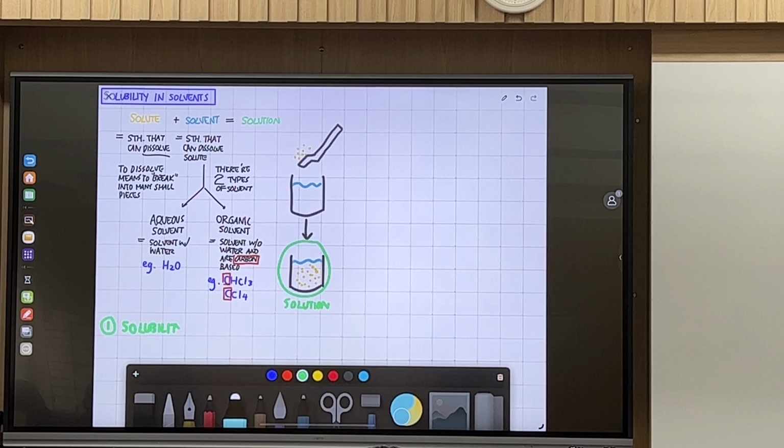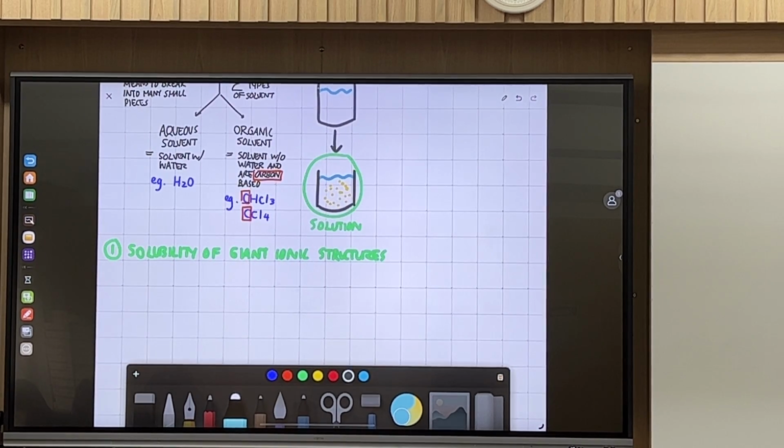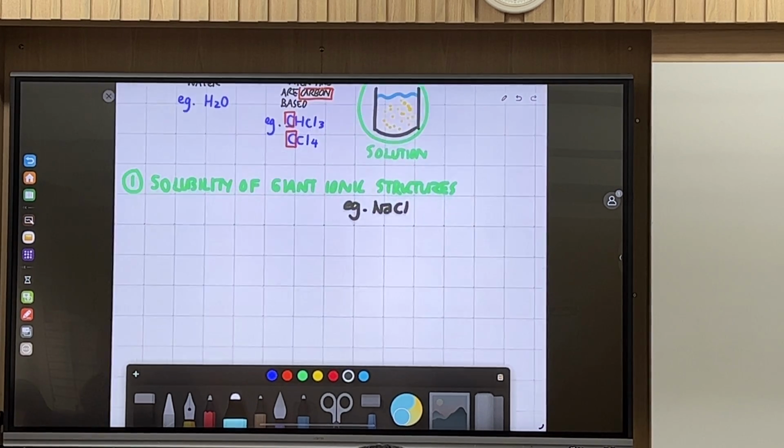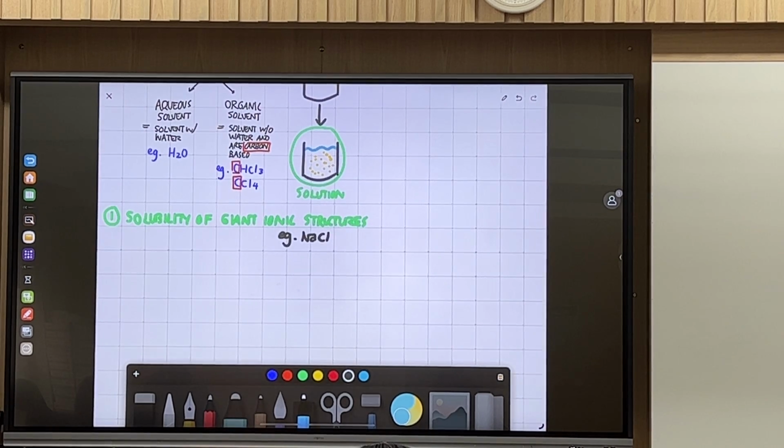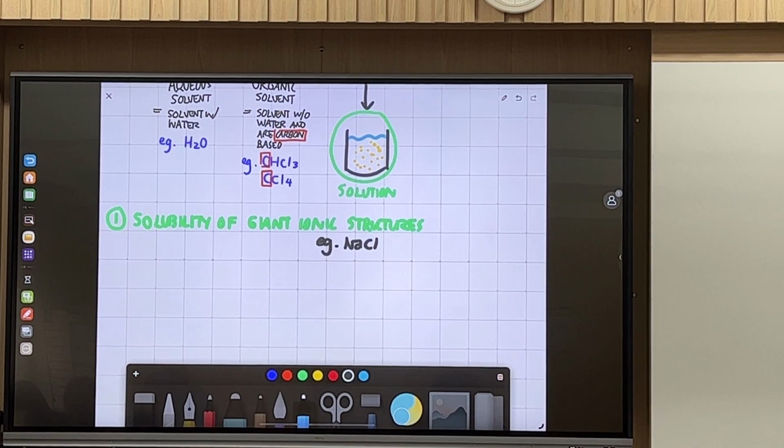Solubility of giant ionic structures such as NaCl. Okay, so NaCl will be one such structure. So when we add NaCl into aqueous solvent, most of them would dissolve very well. I mean most giant ionic structures, and table salt of course, dissolve very well in water.